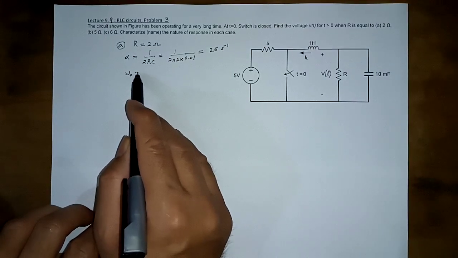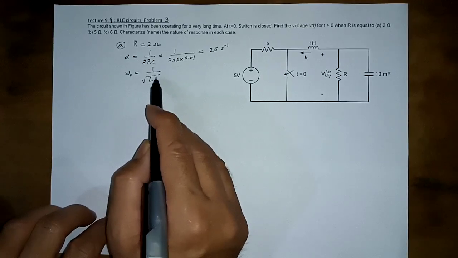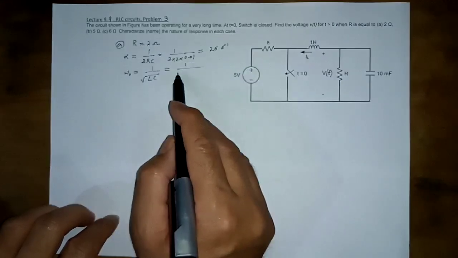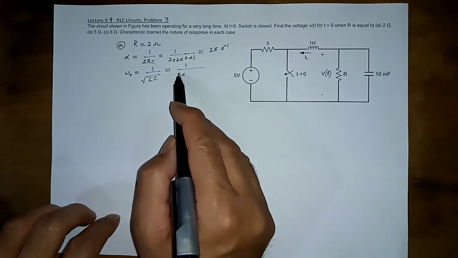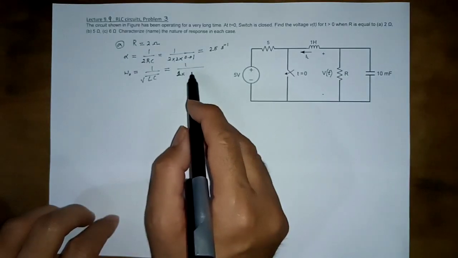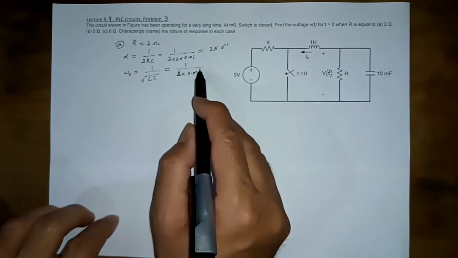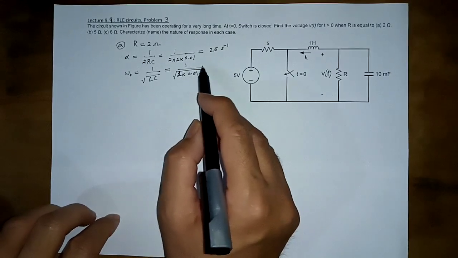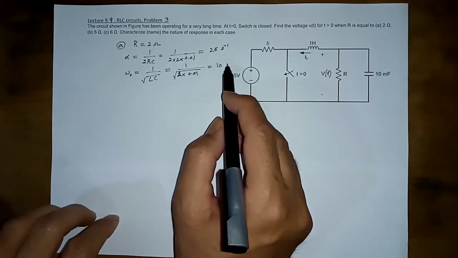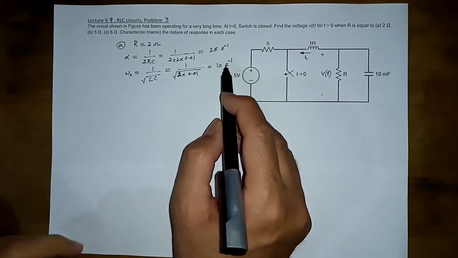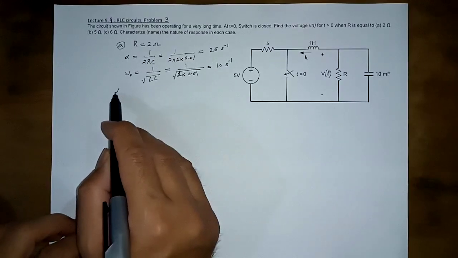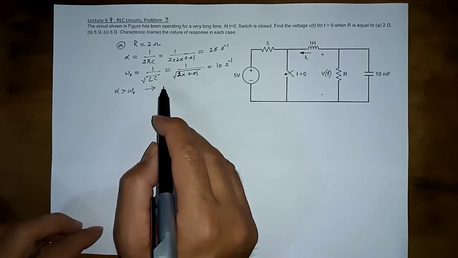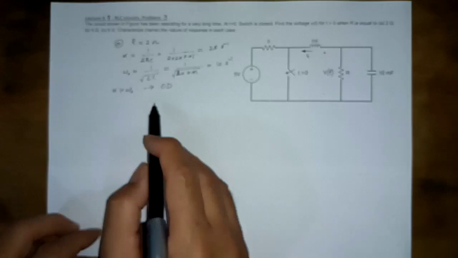And omega naught would be 1 over square root of LC in the denominator. 1 over square root of 1 henry times 0.01. 0.01 has a square root of 0.1, and 1 over 0.1 is 10 radian per second. So we have alpha greater than omega 0, which implies a response that is overdamped.